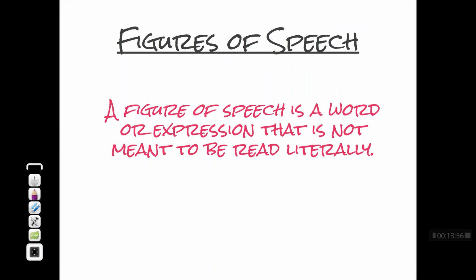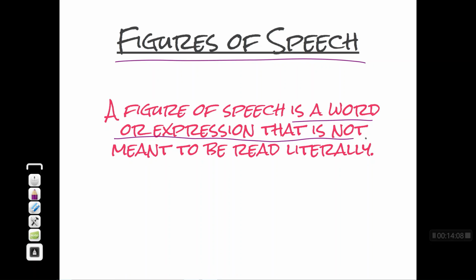Okay, now we're going to move on to figures of speech. A figure of speech, so go ahead and write this down. A figure of speech is a word or expression that is not meant to be read literally. Now, if you're thinking, okay, what is literally? One, you can look it up.